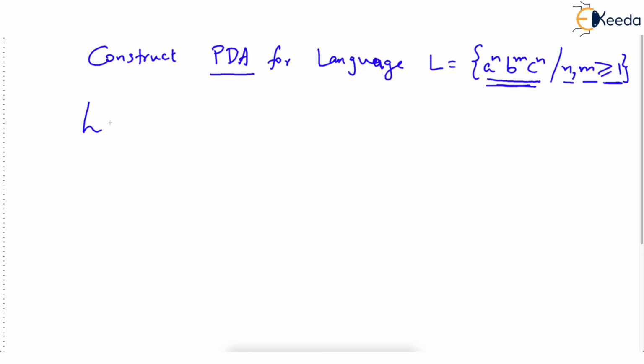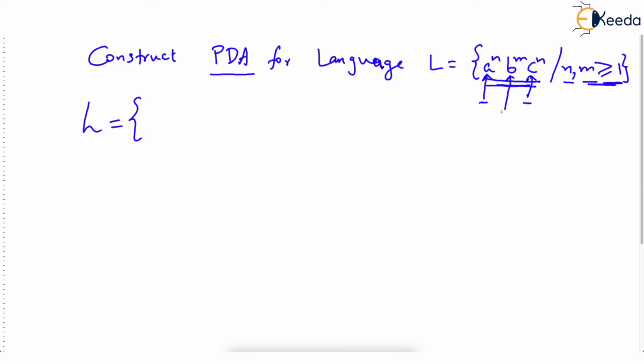This language L will contain all the strings which have the same number of A's and the same number of C's. The number of A's must be equal to the number of C's because it is a^n and c^n. But in between, there can be one or more B's. M should be greater than or equal to 1, correct?